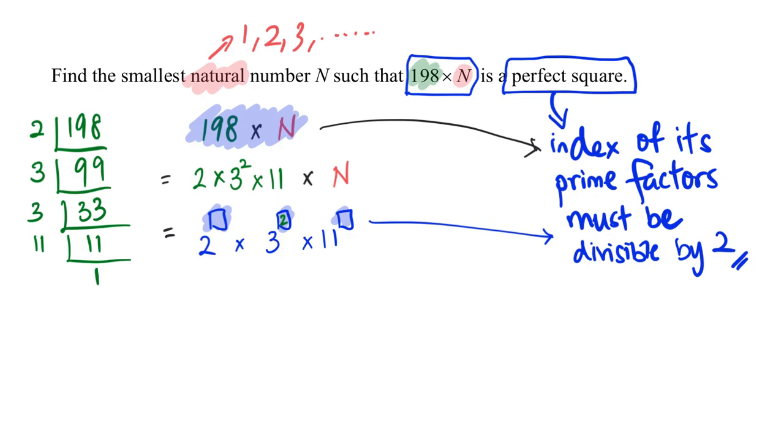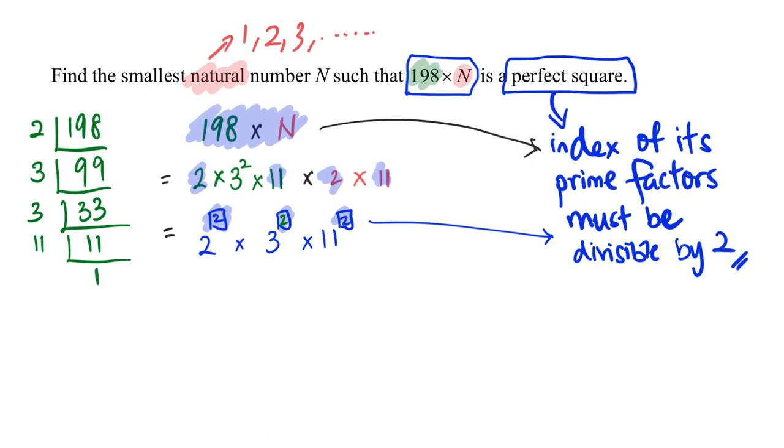Because if n is written as 2 times 11, then 2 times 2 will give me 2 square, and 11 times 11 will also give me 11 square.